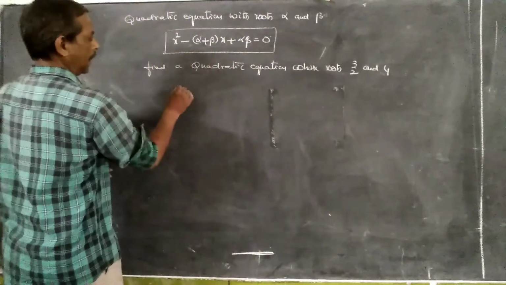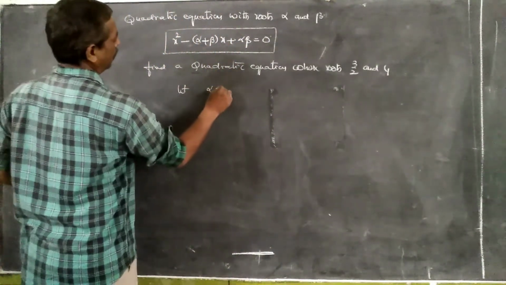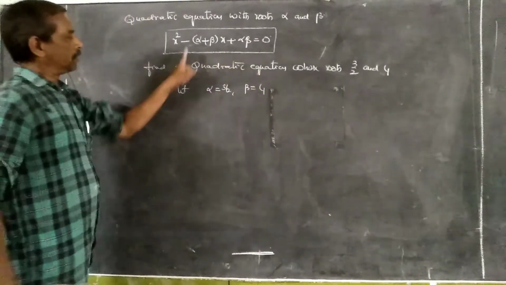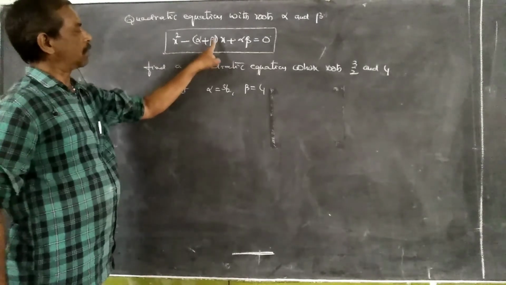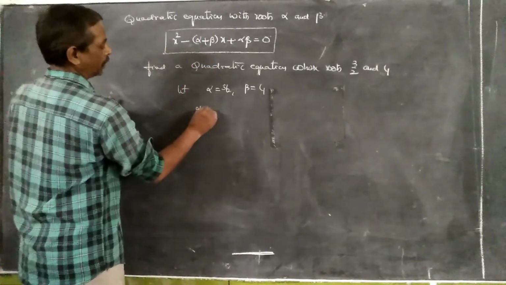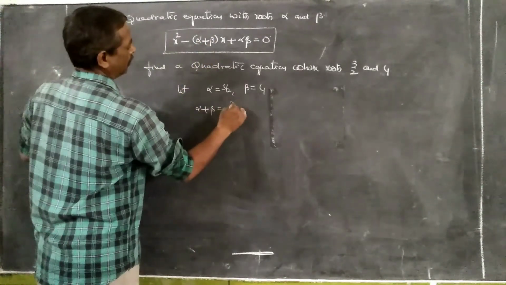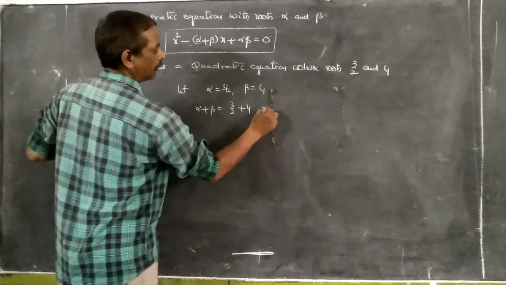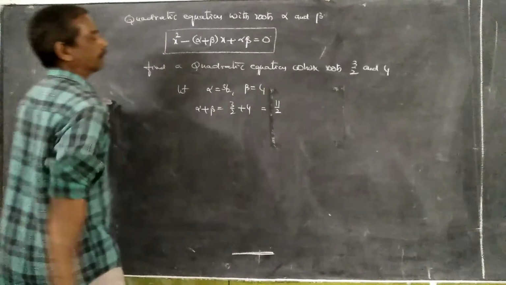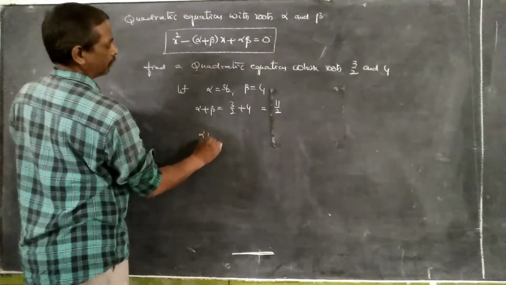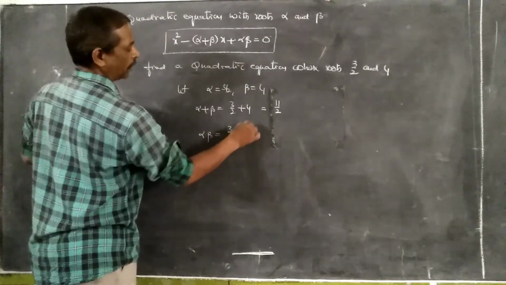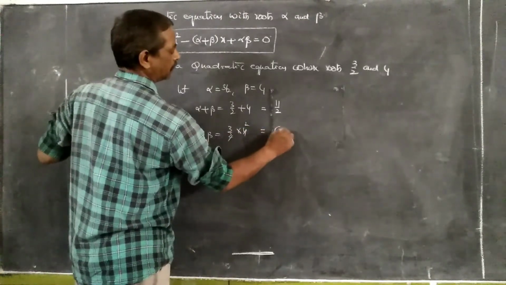So let alpha = 3/2, beta = 4. Then this is the formula. First find the sum of the roots. Alpha plus beta: 3/2 + 4, 2 4s are 8 plus 3, 11/2. Similarly, alpha into beta: 3/2 into 4, 2 cancel 2 times, 3 2s are 6.